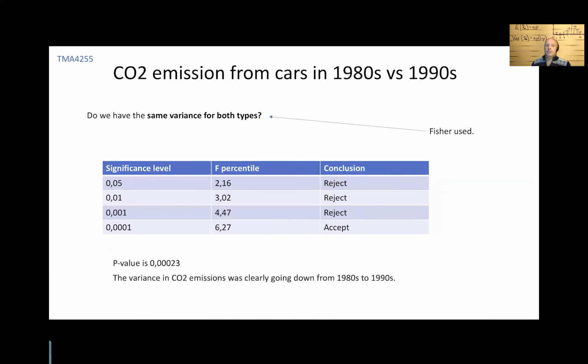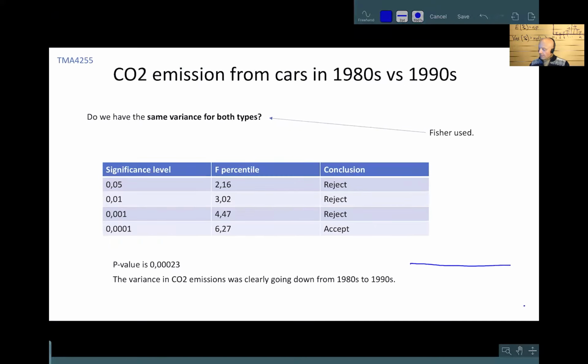We look at the different significance levels, and then we move further and further out in the tail of the Fisher distribution with 19 and 19 degrees of freedom. So what happens here is that we have this Fisher distribution. This is F19,19 because there were 20 samples, for both the 80s and the 90s.